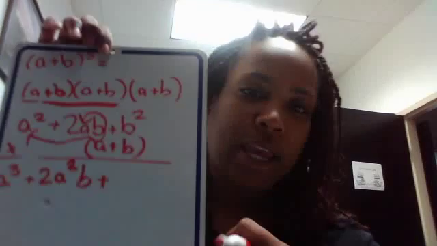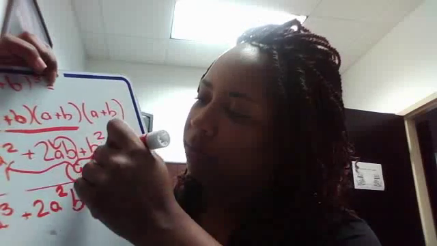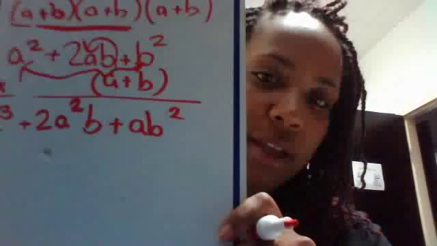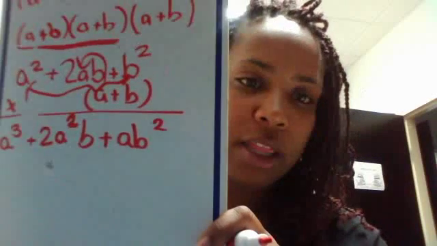A squared. So plus 2, since there's 2 A's in there, A squared B. Plus, now I have to give my A to my last part, which is B to the second power, or B squared. So then it's AB squared, because I multiplied A times B squared. So that's my other part.